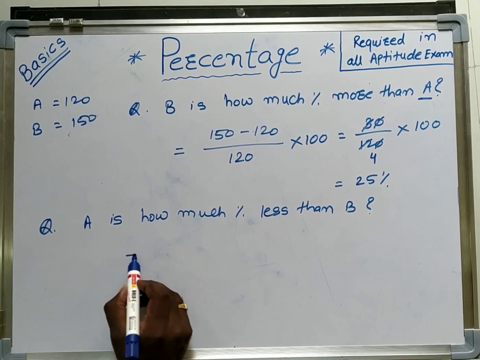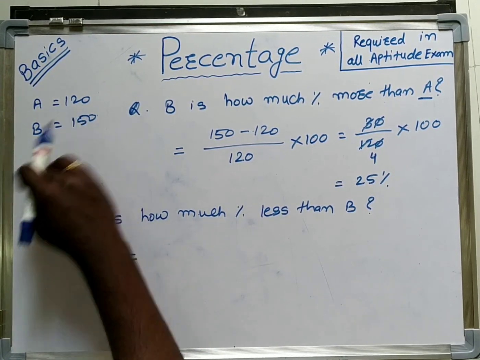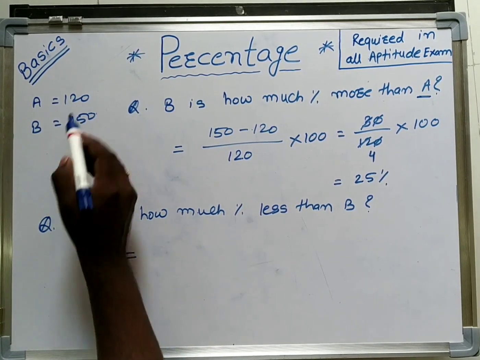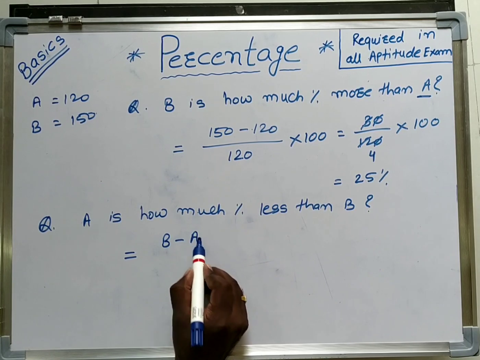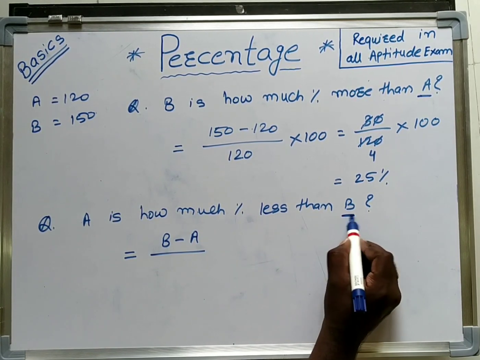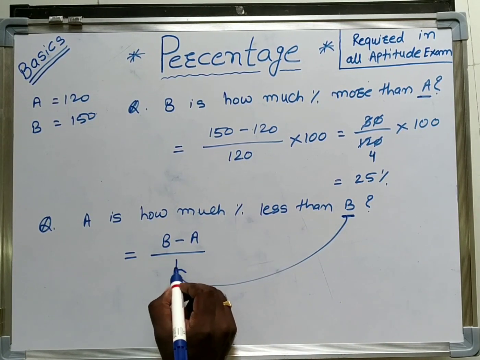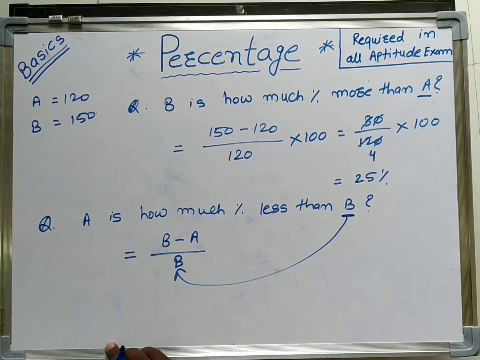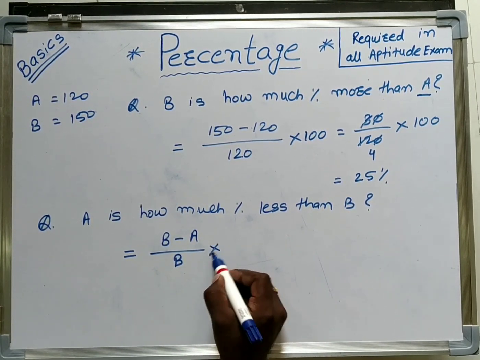When a comparison is there, we have to subtract the smaller term from the bigger term. That is B minus A, divided by B, since the comparison is with B, so B comes in the denominator. Understood? Now put in the values.